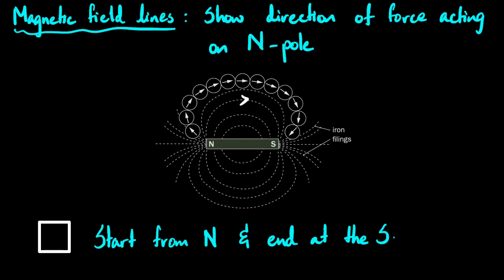And that makes perfect sense because north and north are like poles, so this one is going to repel that one. And similarly, south is an unlike pole, so this north pole would be attracted by it. So the first thing you need to take care of is this requirement, that they start from the north and end at the south pole of the magnet.